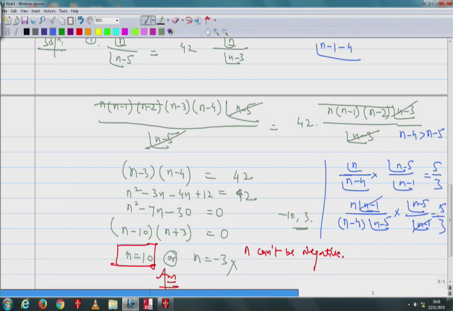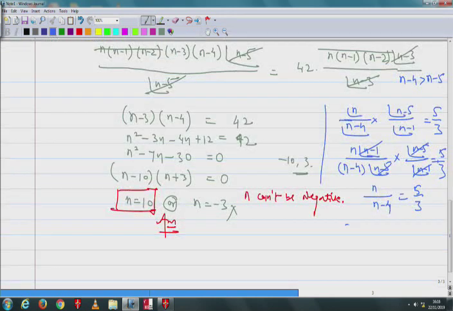Let's cancel. So we are left with n upon n minus 4 equals 5 by 3. If you solve it, you will get 3n equals 5n minus 20. This will be 2n equals 20, n equals 10. So again n equals 10. Very good. n equals 10 is the correct answer.